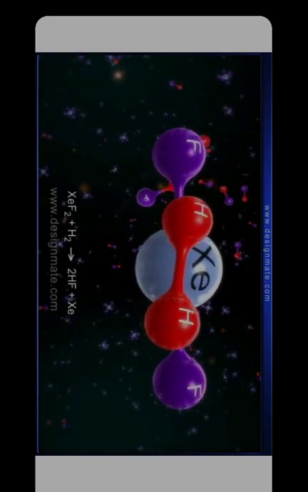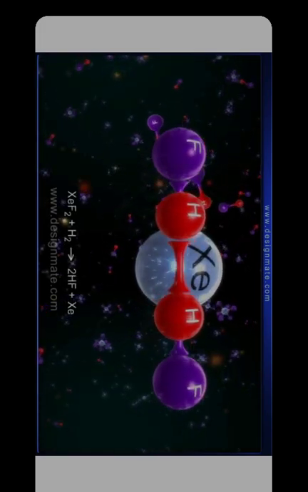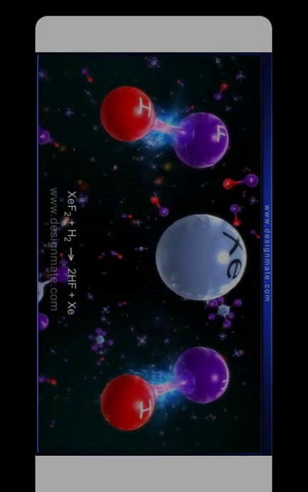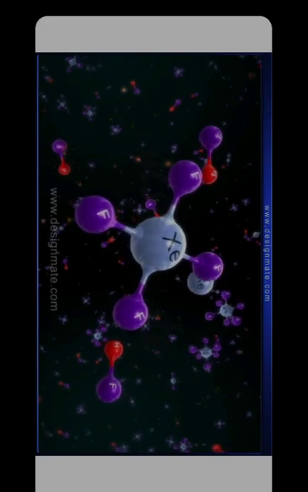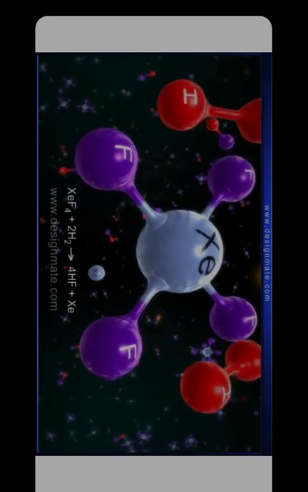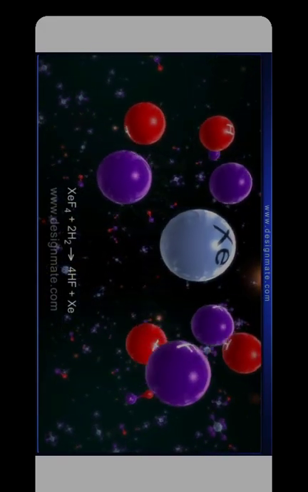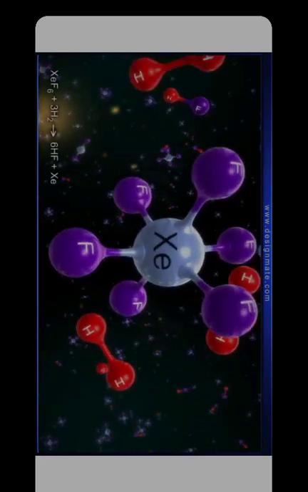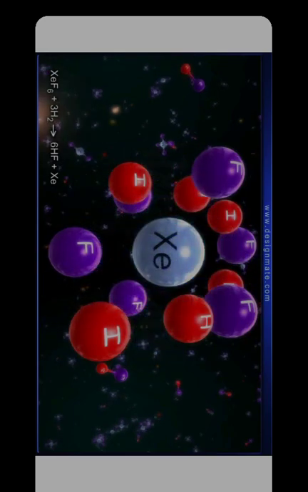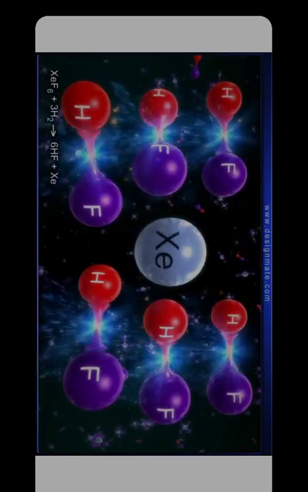Xenon difluoride reacts with hydrogen gas to form hydrogen fluoride and xenon gas. Similarly, xenon tetrafluoride and xenon hexafluoride also form a mixture of hydrogen fluoride and xenon.